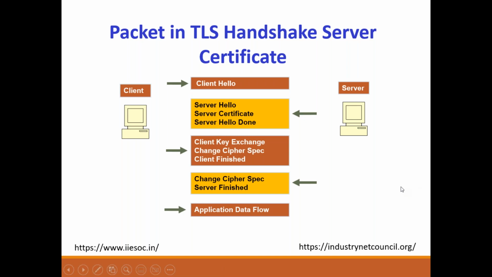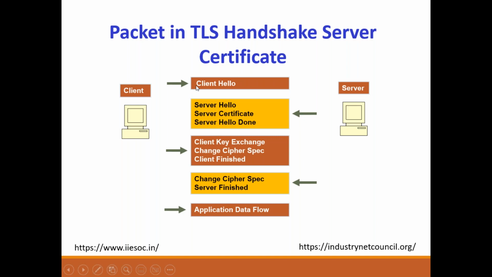So let's talk about what these packets look like. The first thing that happens is the client sends a client hello, and we'll look at that packet and see what it looks like. In the client hello, you have lots and lots of fields. Basically, it tells you what the client can do, what cipher suites are supported, and which server name, out of maybe multiple on the virtual machine that the server is running on, I want to talk to.